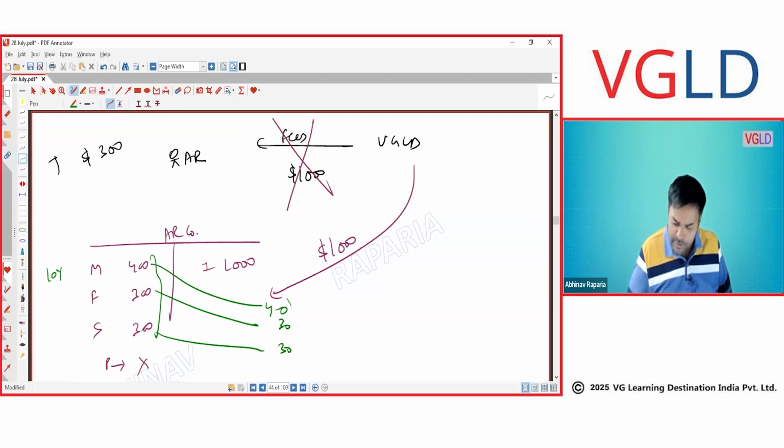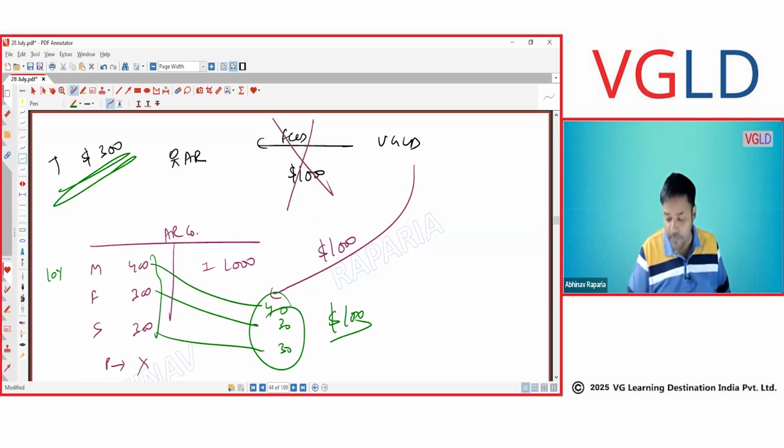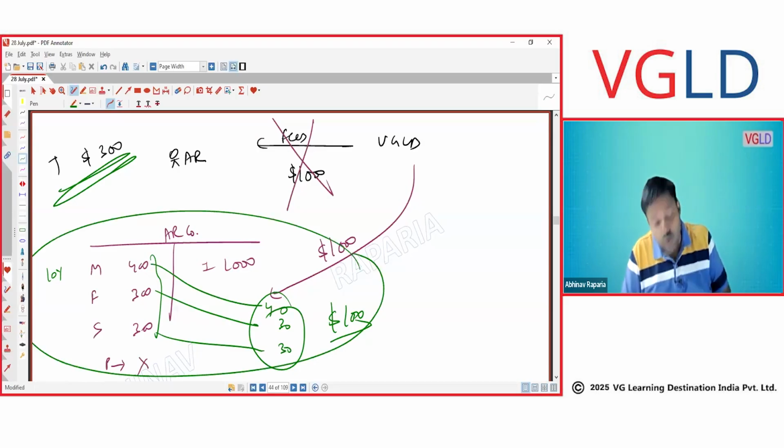So overall, how much tax is gone? $100. But in the earlier arrangement, $300 is gone. But why have you created this structure? You have created it to avoid tax. This kind of structure is known as a tax shelter. It could be any other structure; I'm just telling you one of them.